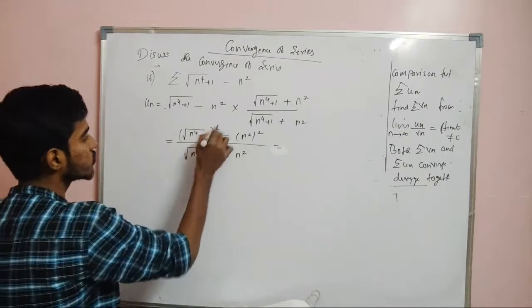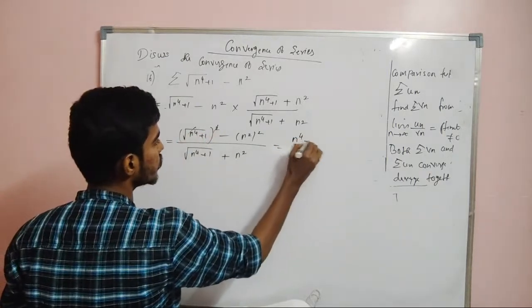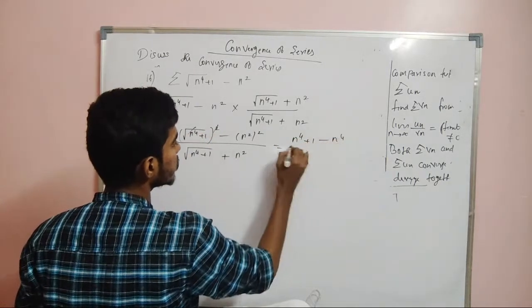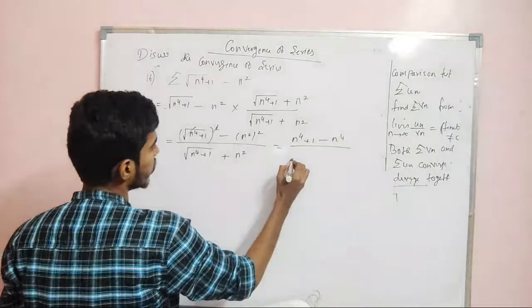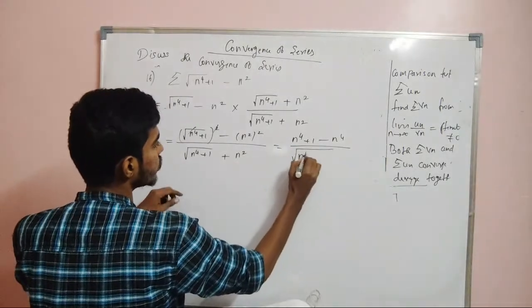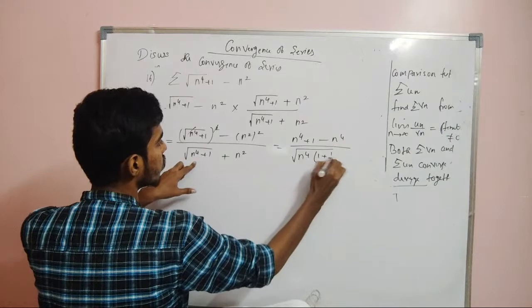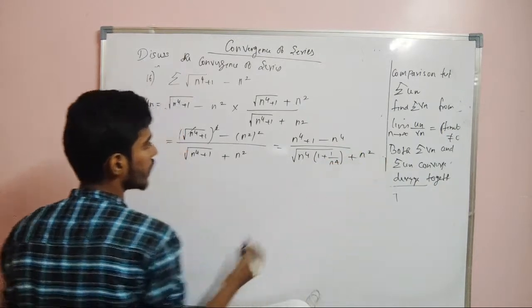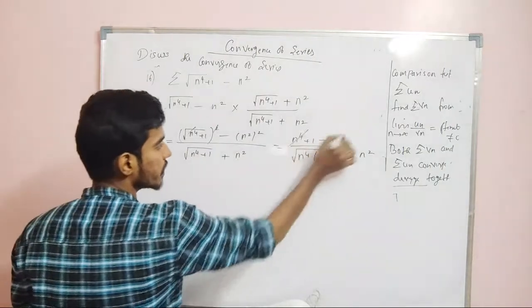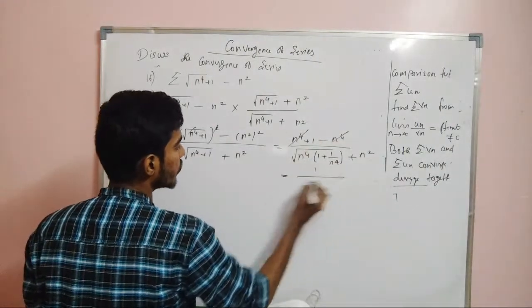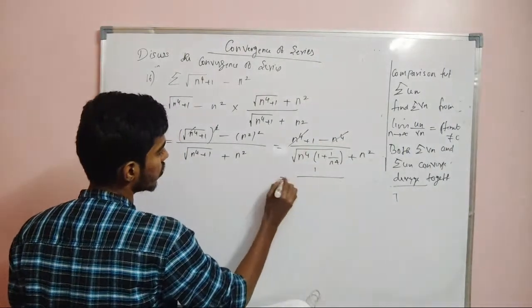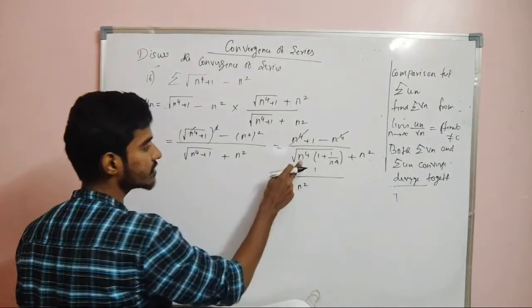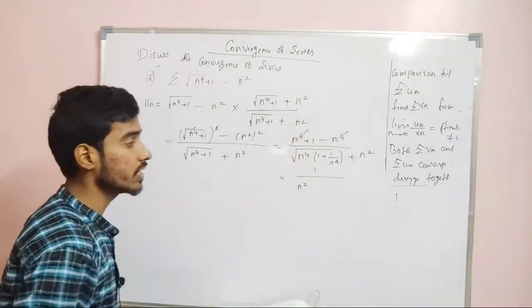So we have n power 4 plus 1 minus n power 4, divided by square root of, if we take n power 4 common here, we will have 1 plus 1 by n power 4, plus n square. So these two will get cancelled. So we have 1 by, now I can take n square common here, because if n power 4 comes outside, it will be n square.